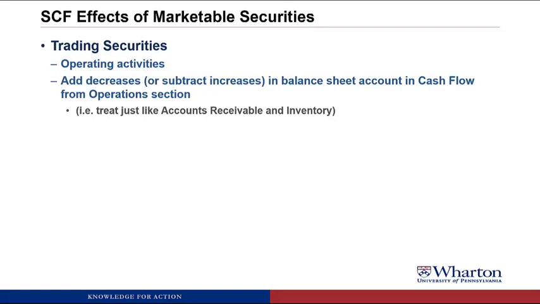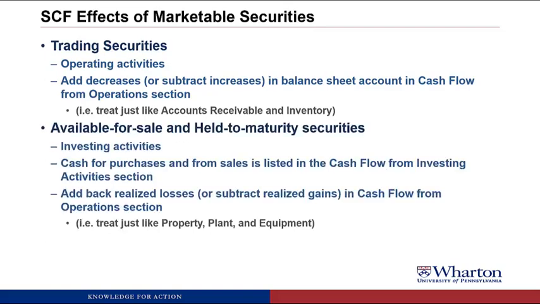The way to think about it is it's going to work just like accounts receivable and inventory work on the cash flow statement. If we choose available for sale or held to maturity, those are going to be investing activities. So cash from purchases and cash from sales are going to be in the cash flow from investing activity section. It's not going to be part of the core business and operations, but considered part of investing activities.